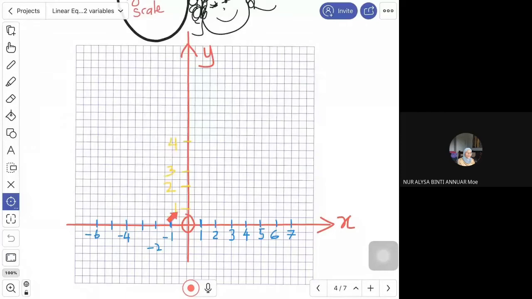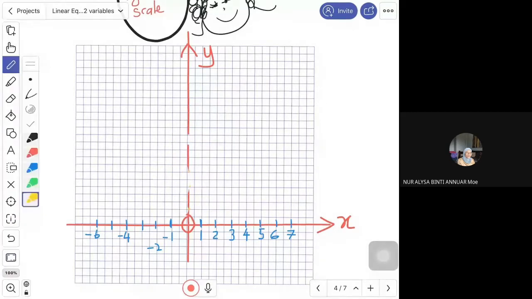Please remember this. Can the teacher label like this? I hope you can see clearly.